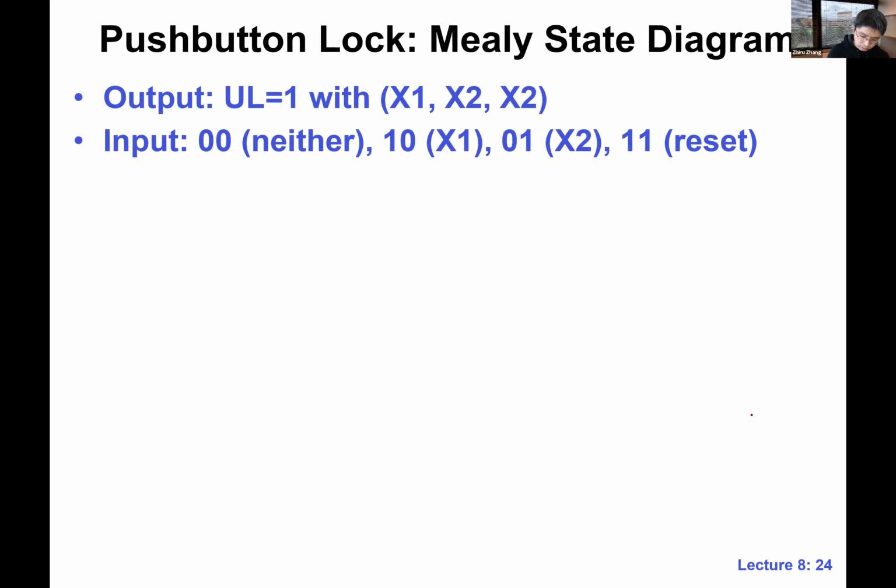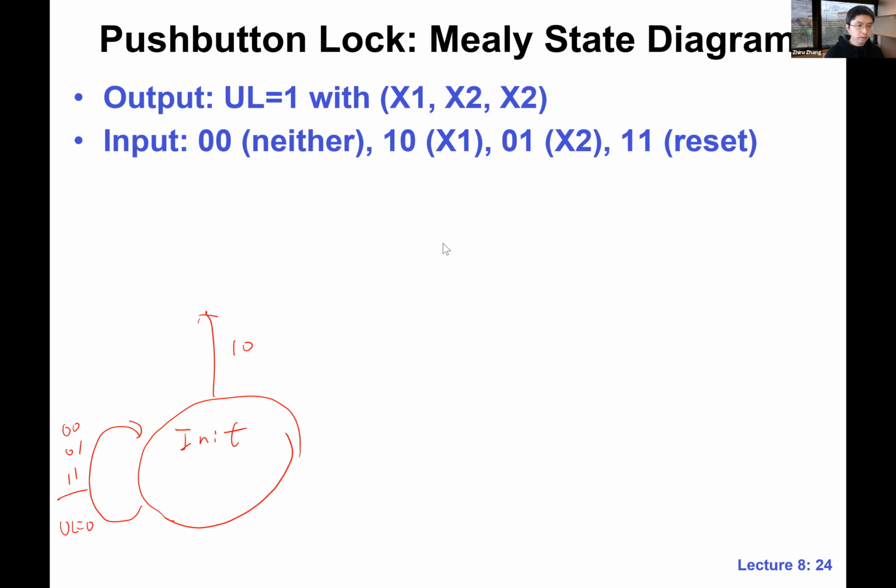Okay. So again, we start with init. We're doing Mealy, so no output in the bubble. We have the self loop, so we have 0, 0 and 0, 1. We really want to see x1, which is 1, 0. Otherwise we output.